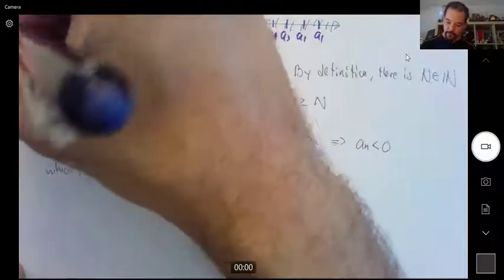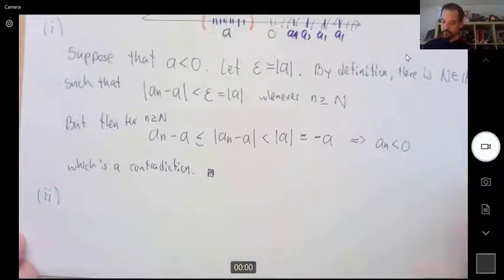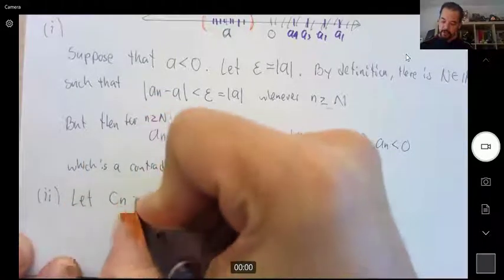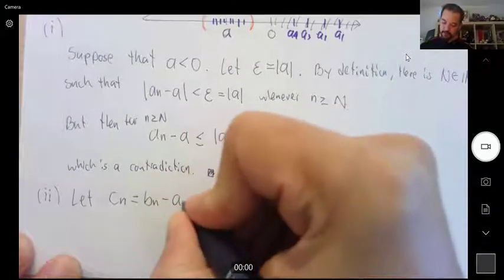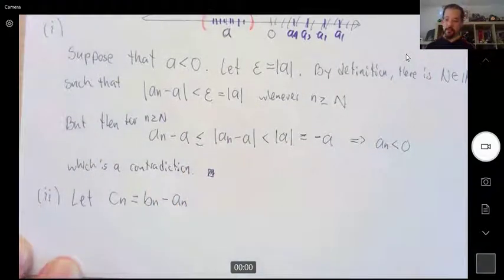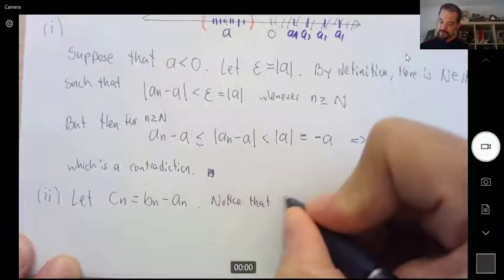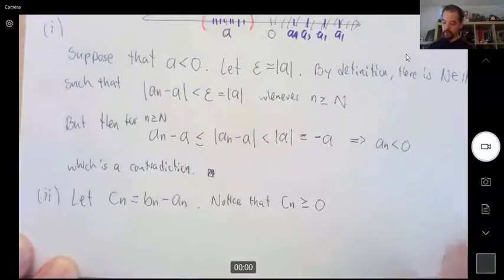So this was the proof of 1. To prove 2, we don't need to do a lot of work. We could do the following. We are gonna create a new sequence, the sequence cn, which will be the difference, bn minus an. So notice that cn is always positive, because why is that?